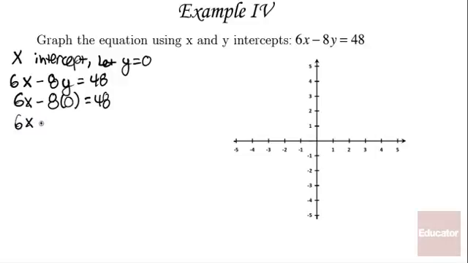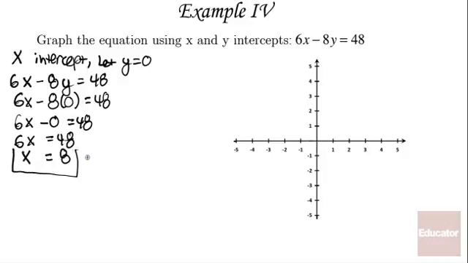and that's going to give me 6x minus 0 equals 48. So my y term dropped out, and I have 6x equals 48. Isolate the variable x by dividing both sides by 6, and I get x equals 8. So x equals 8 is my x-intercept.